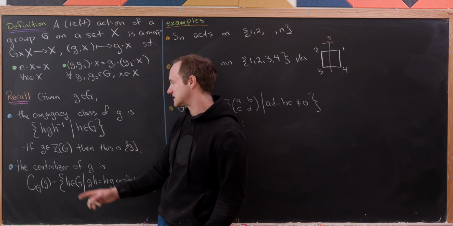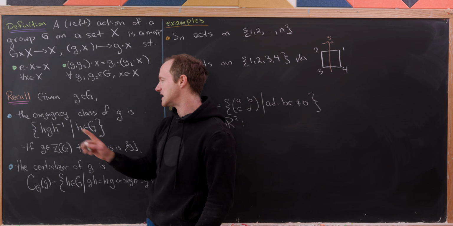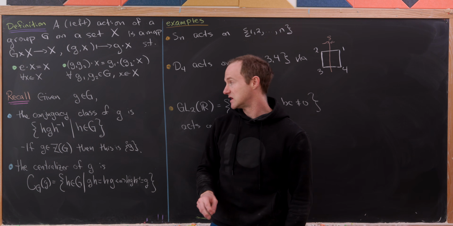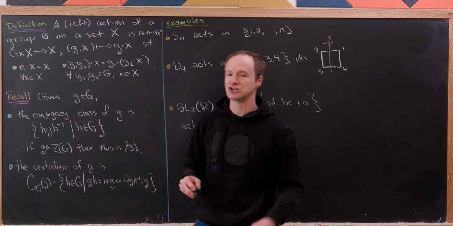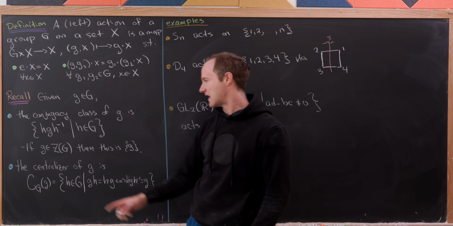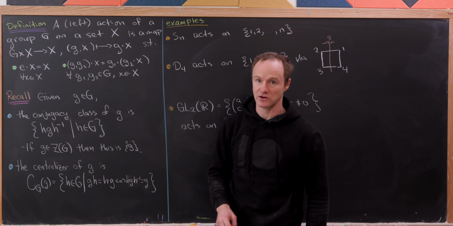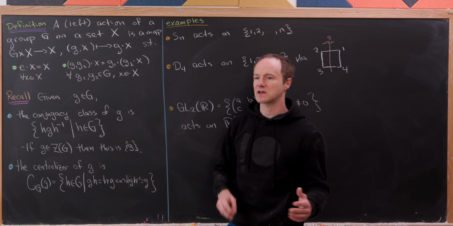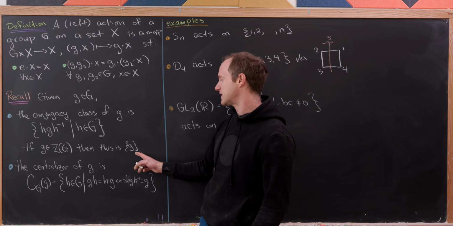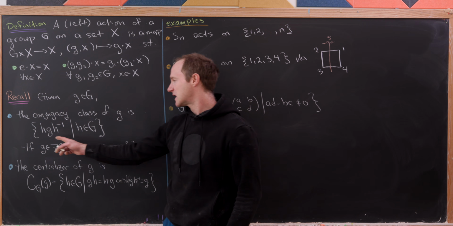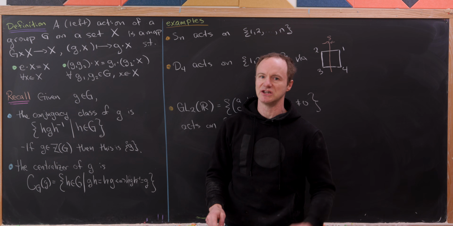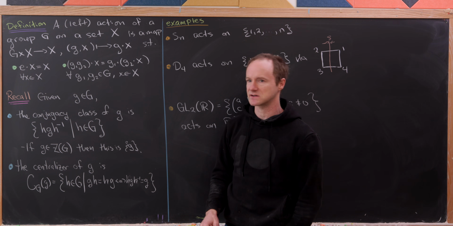What I mean by that is it's everything of the form hgh inverse as h runs through every element of G. Now here's a very quick observation: if g is in the center of the group, remember the center is everything that commutes with everything in the group, then the conjugacy class is simply the singleton. That's because in this case, hgh inverse will just be g, because g is in the center. That's the definition of being in the center.